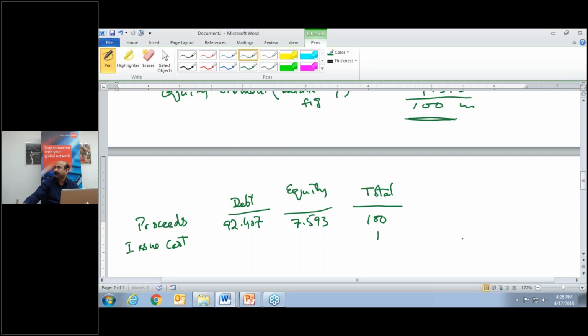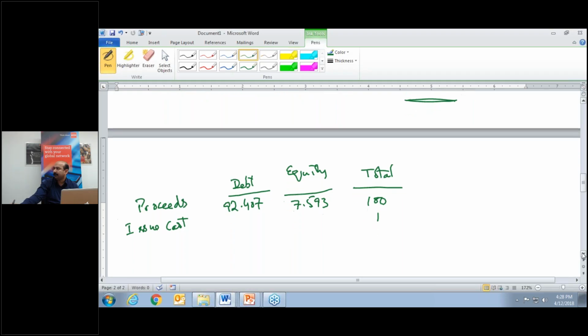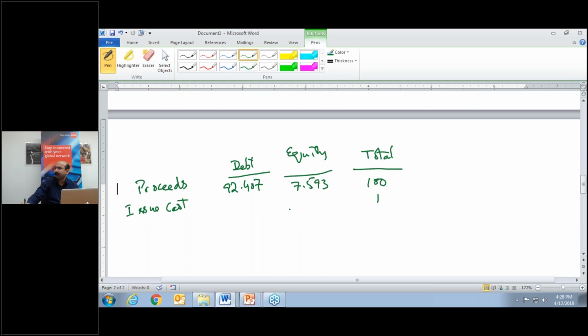The same way as we did earlier, if I mention over here, this is A, this is B. So A will be equal to 1 million into 92.407 divided by 100.